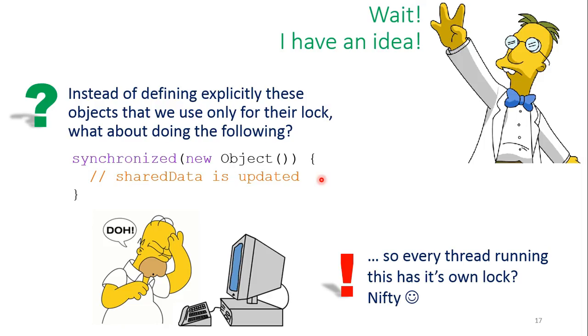Once it has its own object, it has inside that one object its own intrinsic lock that has been created just for its execution. So every thread is going to actually try to acquire an intrinsic lock, and each thread is going to get it, no matter how many threads are trying to do the same thing in parallel, simply because each of them has its own lock created on the fly. So there is absolutely no synchronization going on there. It's always a good thing to try to simplify a solution and refactor. Just be careful about not oversimplifying like in this example.